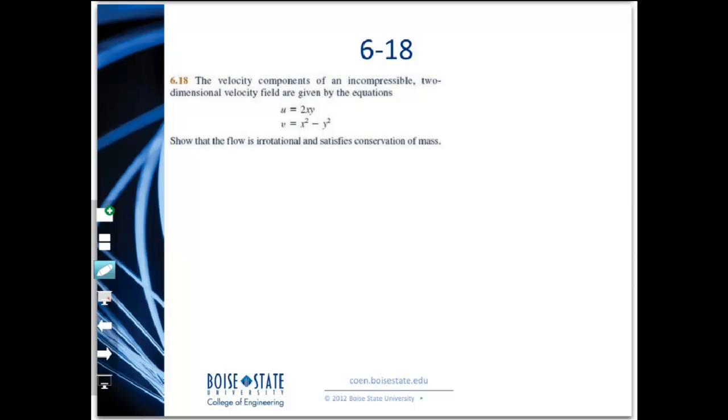So for the flow to be irrotational, we know that del cross V should be 0, and if it satisfies the conservation of mass, as we have done before, del dot V should be equal to 0, or the volumetric dilatation rate is 0. So these are the two things we need to check in this problem.